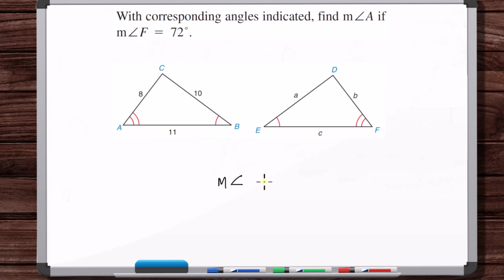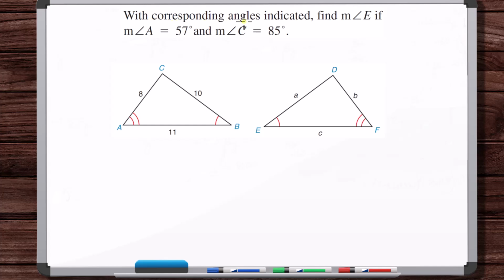They're corresponding in regards to congruent triangles. I guess it doesn't officially state that the triangles are congruent, but it shows us with the symbol that these two angles are congruent. So the measure of angle A and the measure of angle F are equal, so the measure of angle A is 72 degrees.